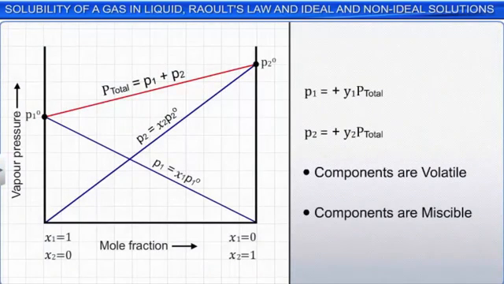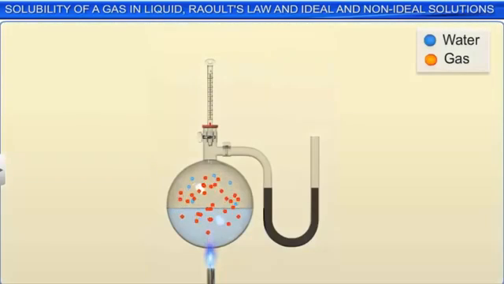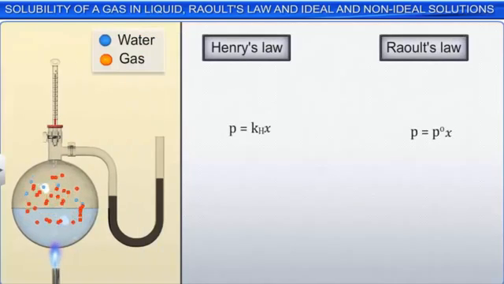It is important to note that the above holds true only if the two components in the binary solution are volatile and are completely miscible with each other. Now, if one of the components in the binary solution is highly volatile, such that it exists as a gas, then, as you know, its solubility is given by Henry's law, P is equal to kH x.